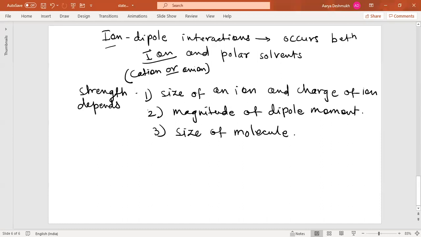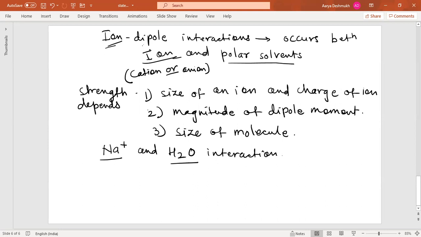Now, as I say, ion-dipole interaction occurs between ion and polar solvent. For example, if I take a sodium ion, it interacts with a water molecule H2O, which is a polar solvent. Ion and polar molecule interaction.